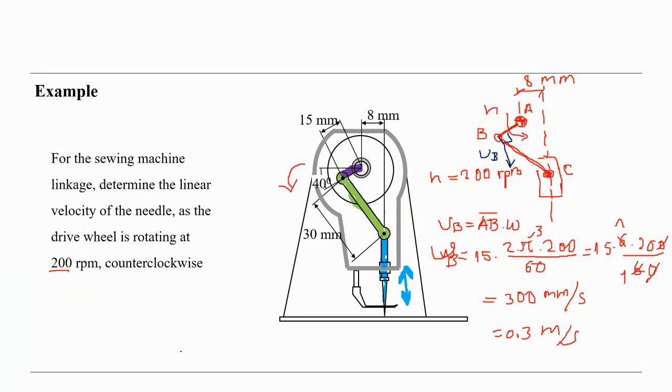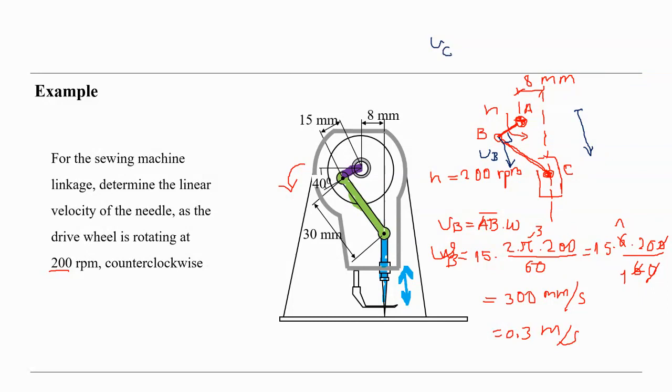So then let's draw the vector polygon here somewhere, and let's say VB is given, and the direction of the VCB, so that we didn't write the equations. Okay, let's write the equations.